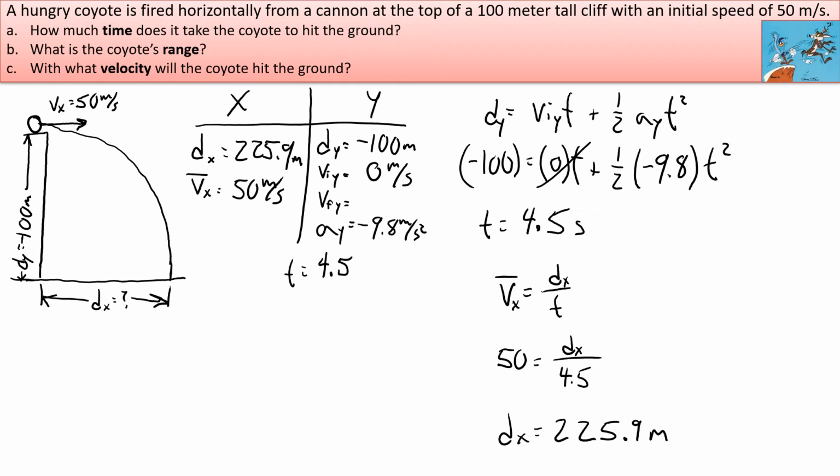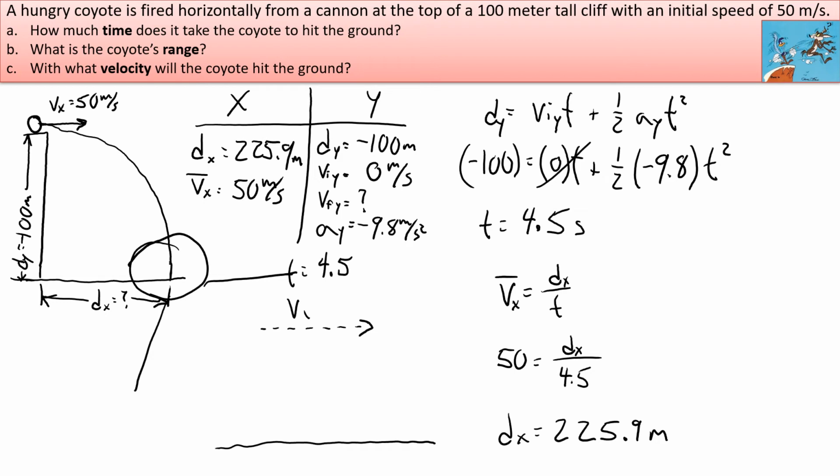Okay, so you could probably tell from our table, we're going to be looking for VFY. That is true, but that isn't the full story. If you zoom in on what's actually happening here, here's the ground. The coyote is moving horizontally still with a velocity of 50 meters per second.